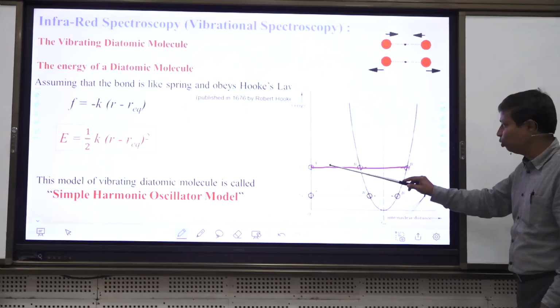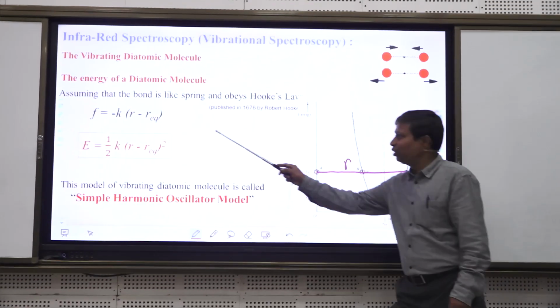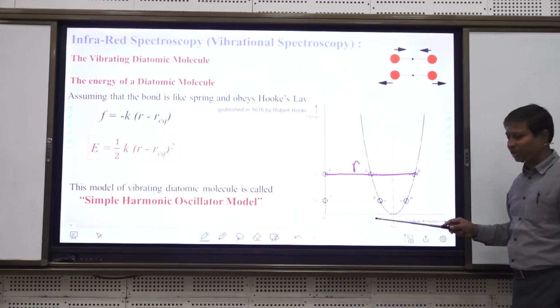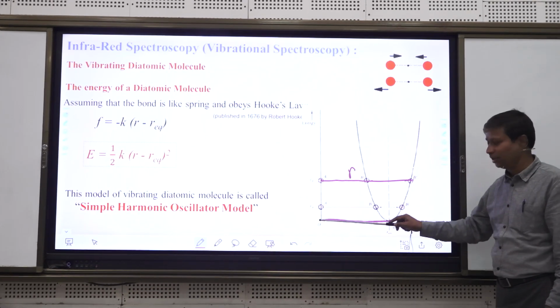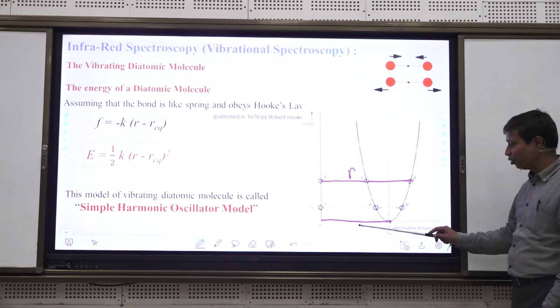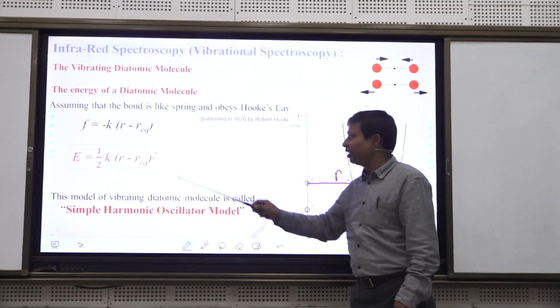From here to here is the R. And what is R equilibrium? R equilibrium is a constant value. From here to here, that is R equilibrium. So, R minus R equilibrium.